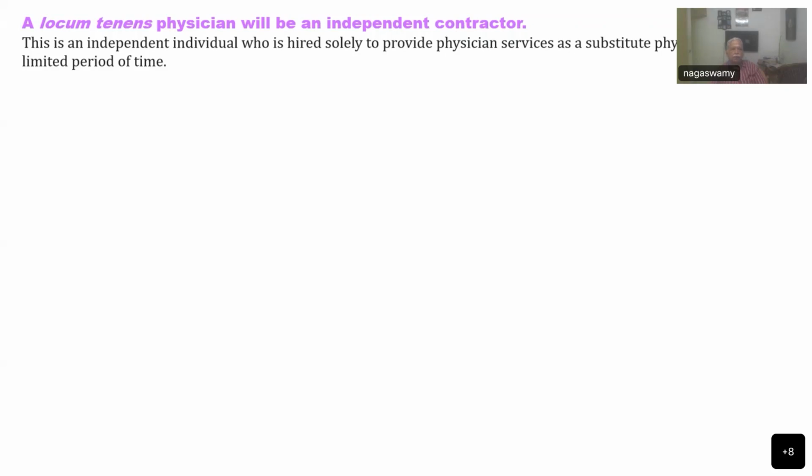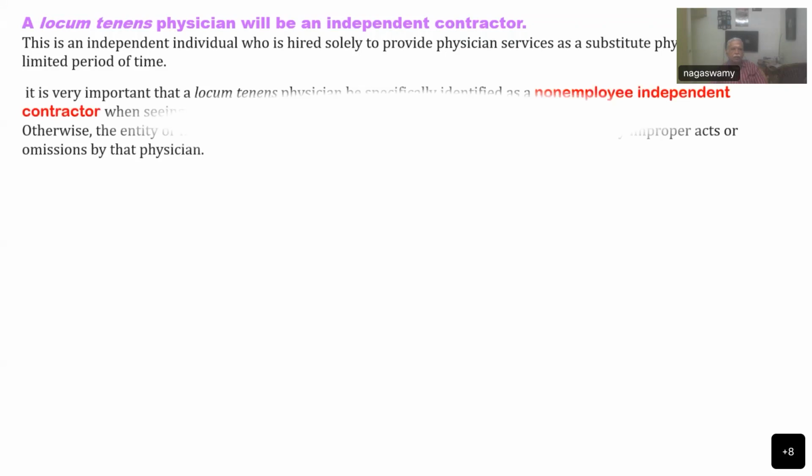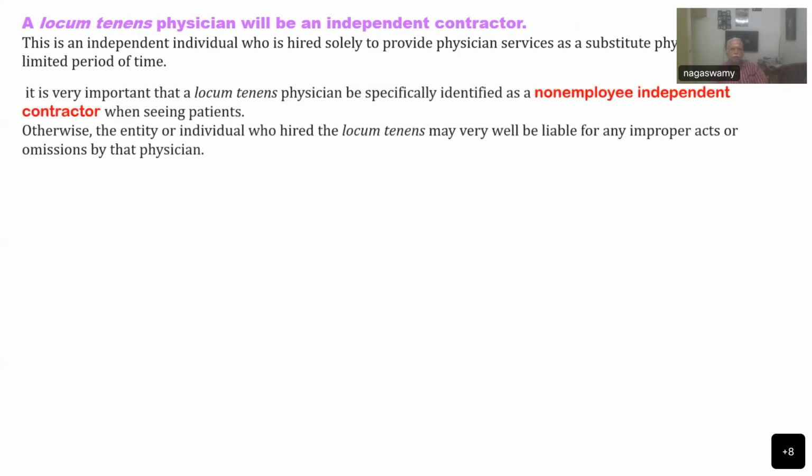So this is an independent individual who is hired solely to provide physician service as a substitute physician for a limited period of time. So it is very important that a locum tenens physician be specifically identified as a non-employee or an independent contractor when seeing patients.